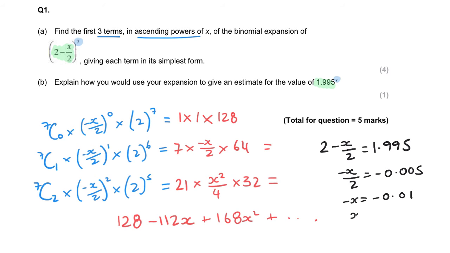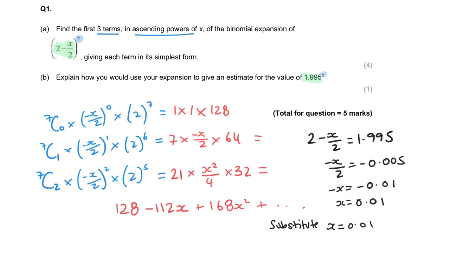And then obviously divide both sides by negative, so I get x equals 0.01. So what would I actually do? I would substitute x equals 0.01 into our expansion. Okay, so we'd substitute this into here to get an estimate.